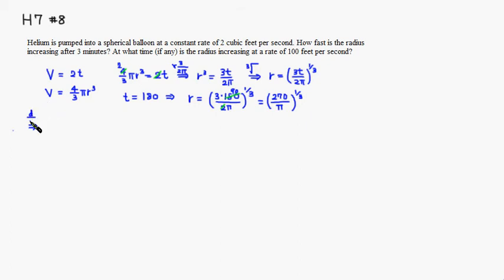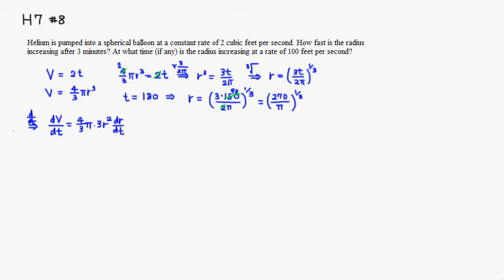So dV over dt is equal to 4/3 pi, just a constant, so put that in front, times the derivative of r cubed, which is 3 in front, r with the power reduced by 1 so it's 2, then multiply by dr over dt.